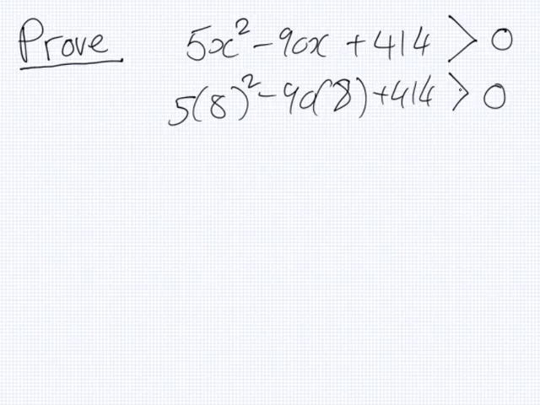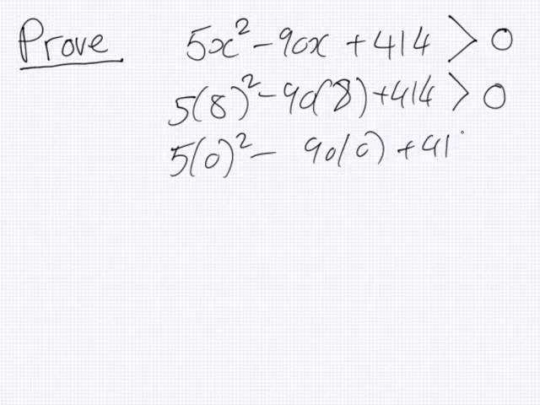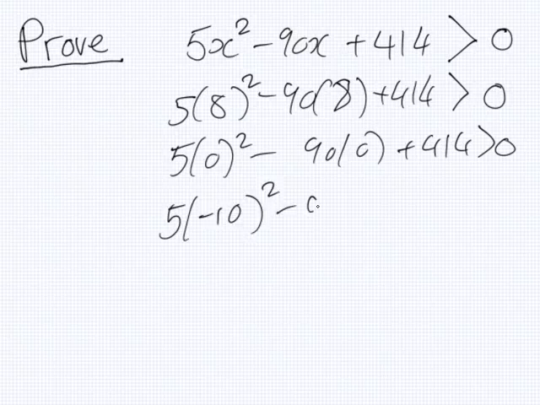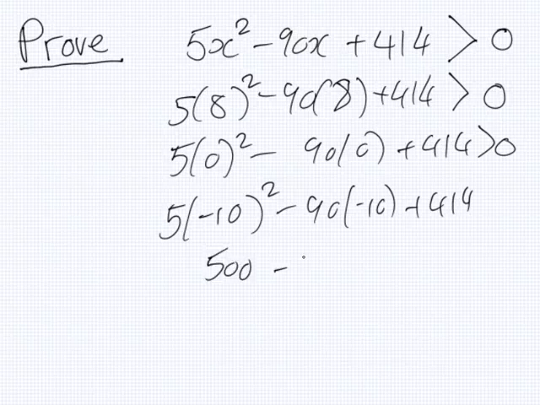Jason, give me any number. 0. Okay, yeah. So 0 minus 90 times 0 plus 414 that is bigger than 0. If you had 5 times minus 10 squared minus 90 times minus 10 plus 414, what's that? That's like 500 minus 900 plus 414.